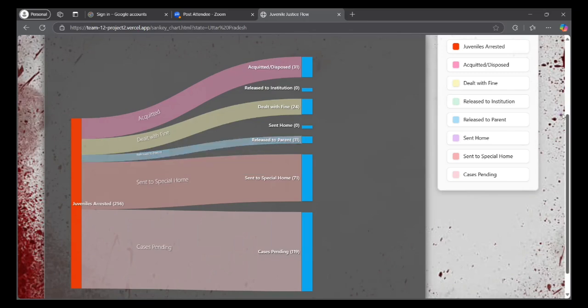A small box on the right shows what each color represents. This helps users quickly understand what each stage means. Each stage is shown as a rectangular box. The width of connecting lines represents the number of cases moving from one stage to another. Different colors represent different stages, which makes it visually clear.